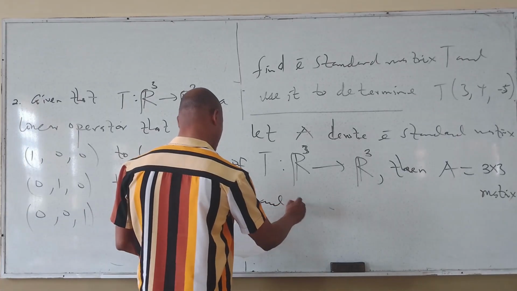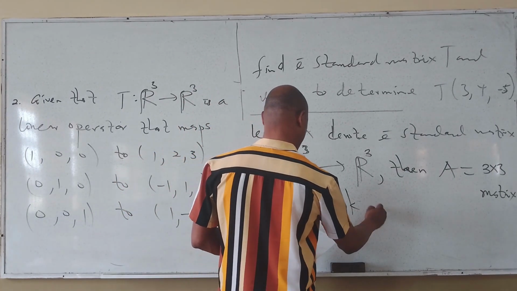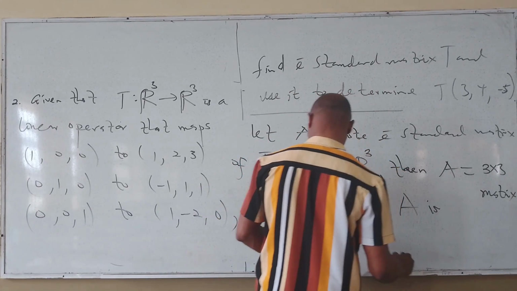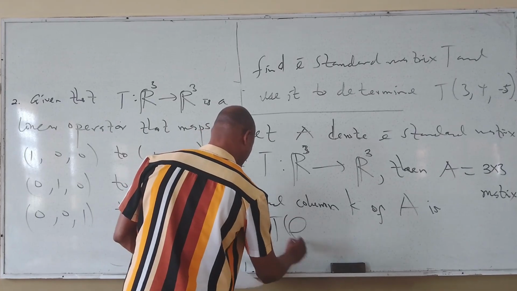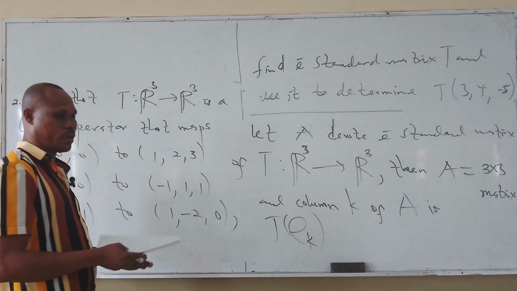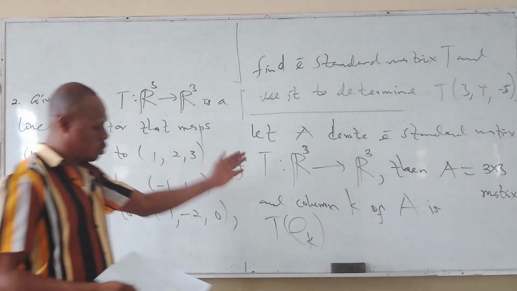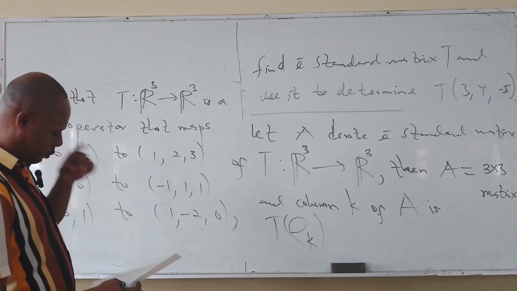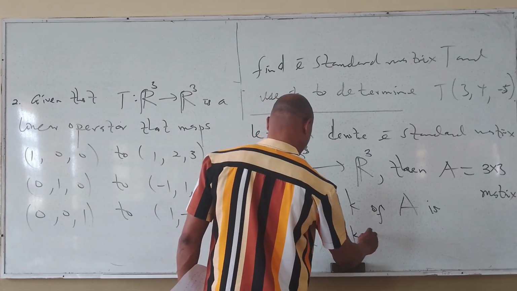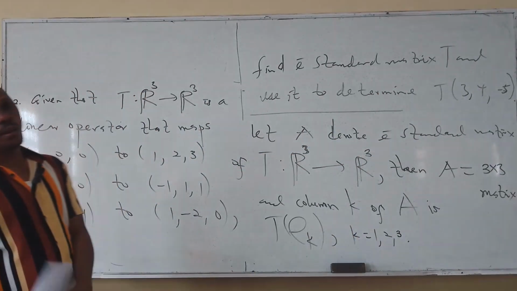And column K of A is T of E K. Okay. So the K can be 1, can be 2, can be 3, right? The K should be 1, 2, and up to 3, because it is 3 by 3.